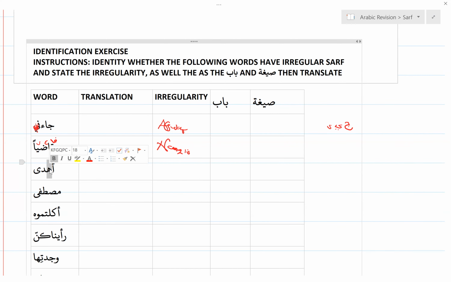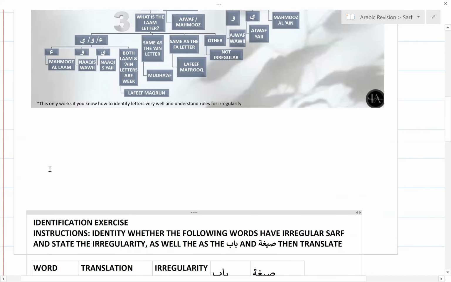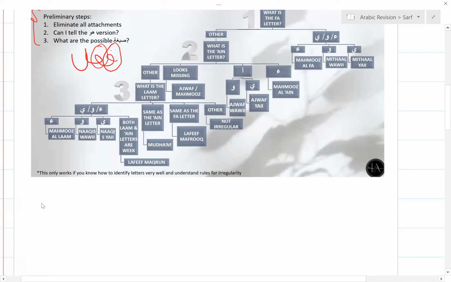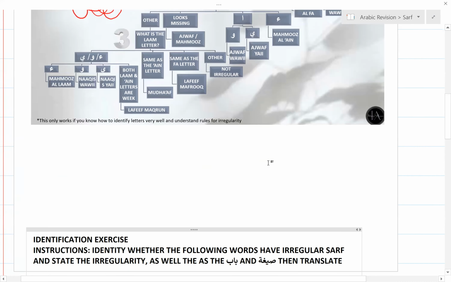And which other one? Yeah, mithal wawi and mithal ya'i. So automatically rule that out. I go to the ain letter. The ain letter is also not any one of those. So I'm gonna rule out ajwaf. What else am I gonna rule out? Yeah, ajwaf and mahmuz al-ain. So I'm gonna rule out those two.